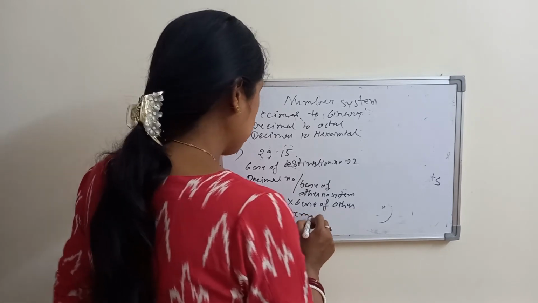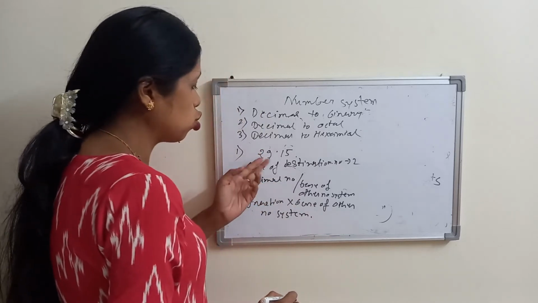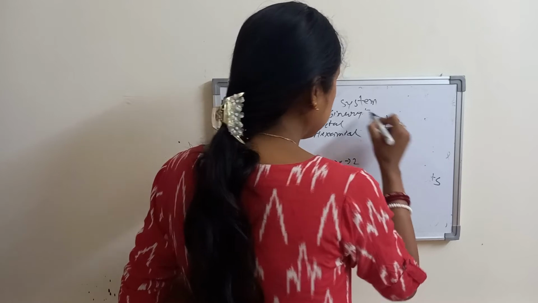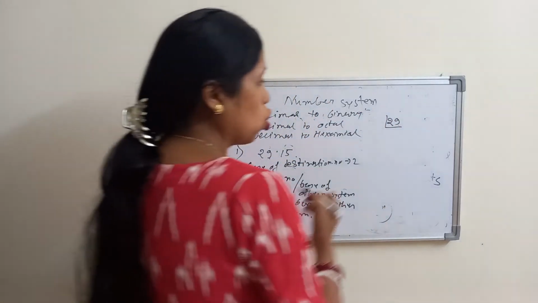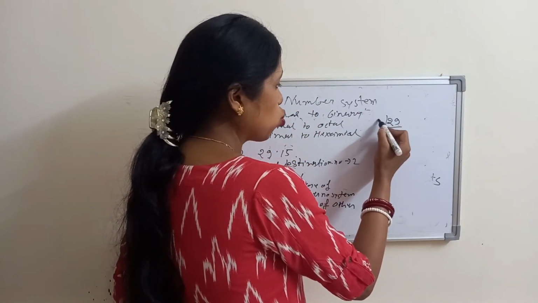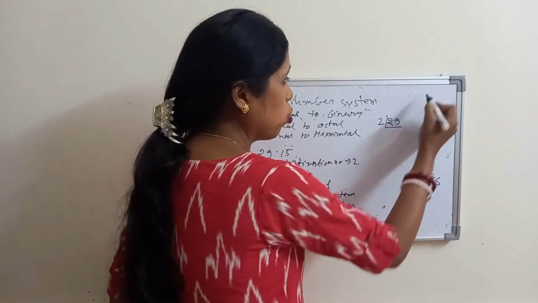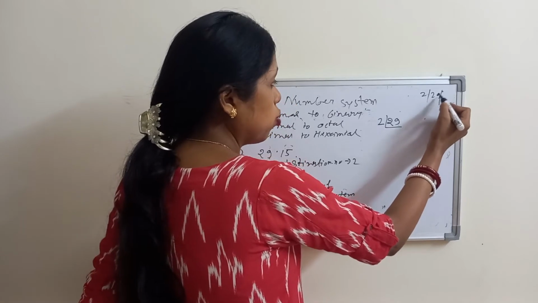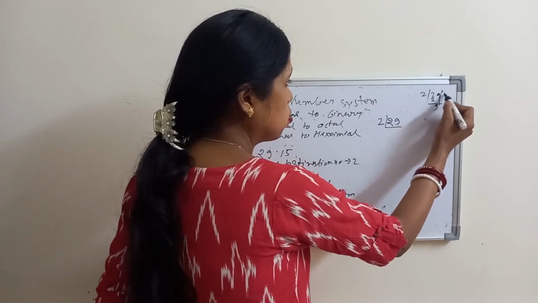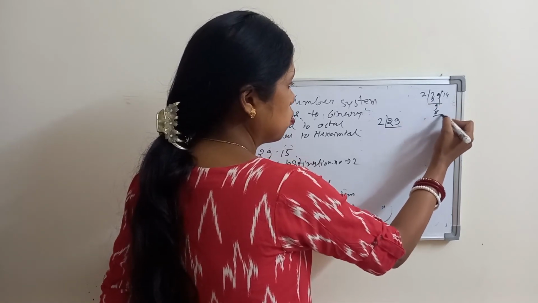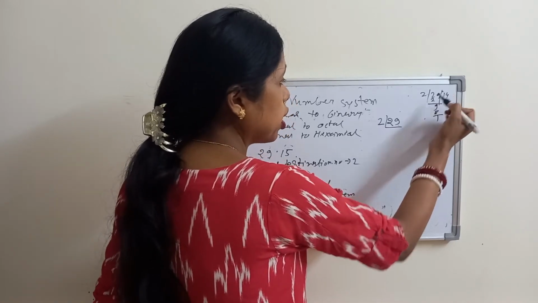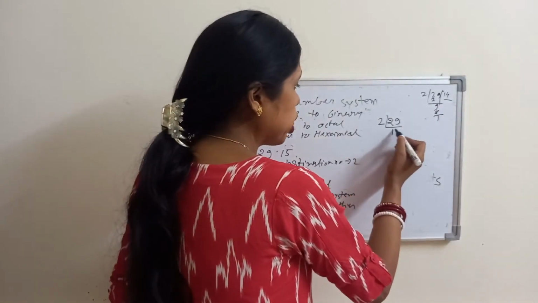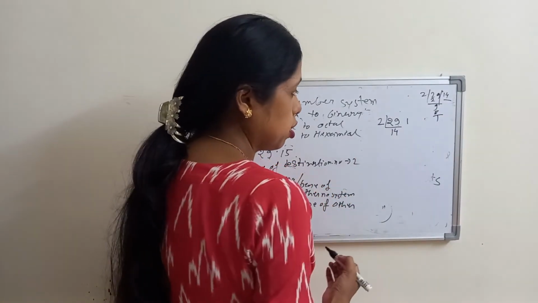Okay, right? So here I'll show this one, 29. What is the base of the binary number system? 2. So if we divide 29 by 2, you will get 14 as the quotient and 1 as the remainder. The quotient 14 you will put here, and the remainder you will write here.